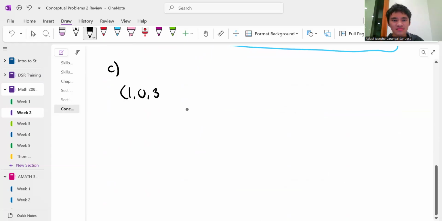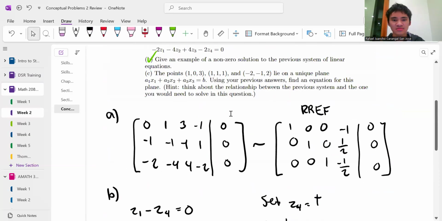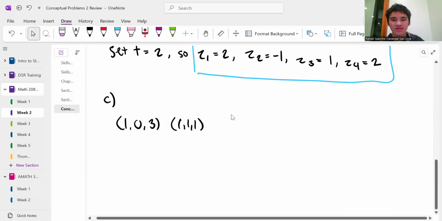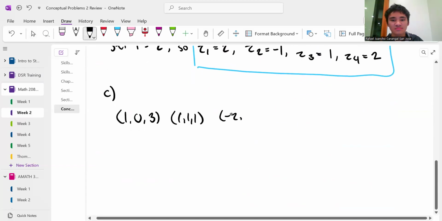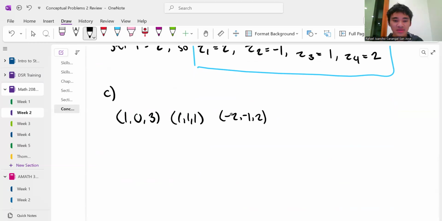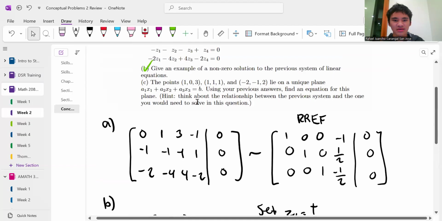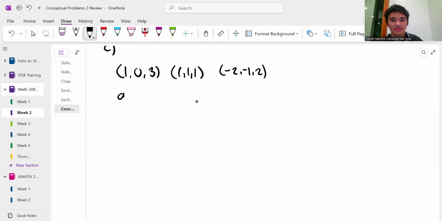So we have that point, we have 1, 1, 1, and we also have -2, -1, 2. So we have these 3 points, right? And we want all of them to lie on some plane a1 x sub 1, a2 x sub 2, a3 x sub 3 equals b.